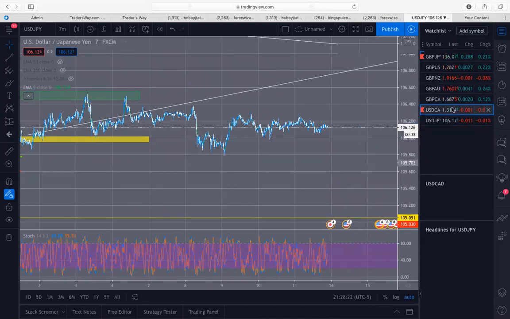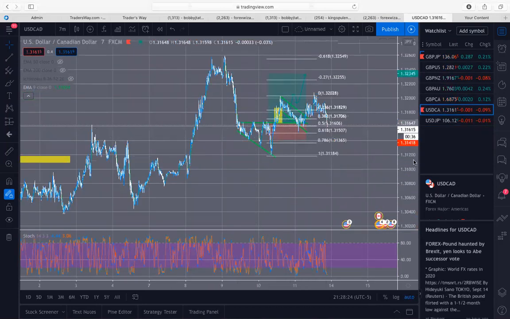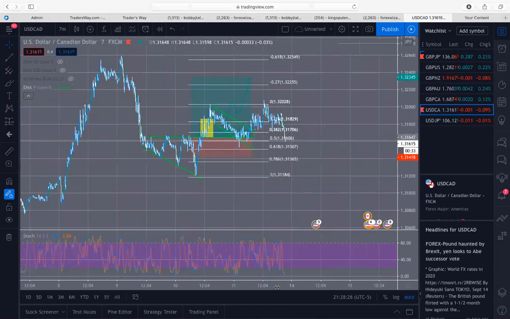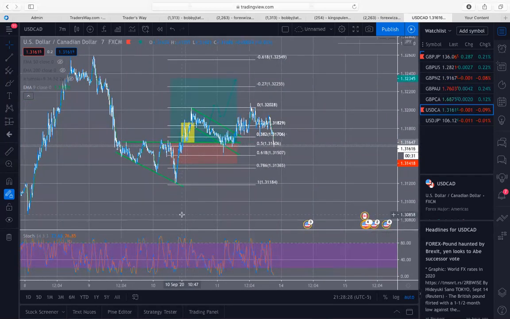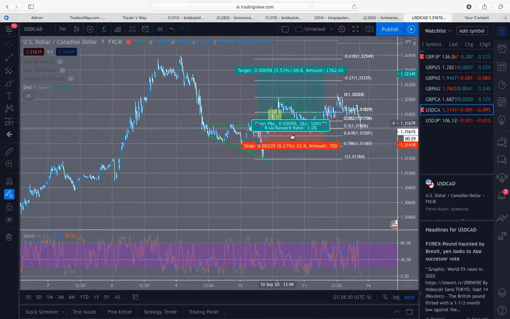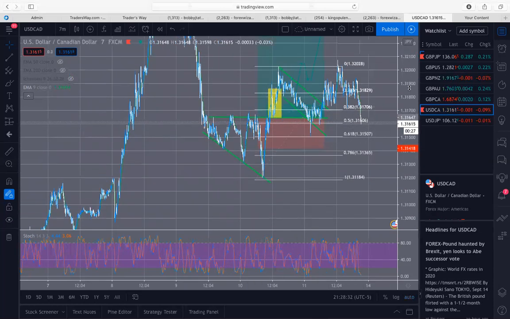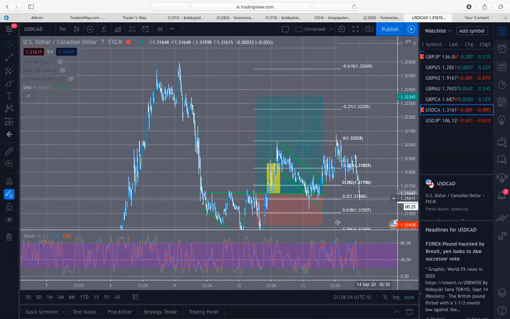Let's start with the USD CAD, and then we'll go back and find that trade. All right, so here's the USD Canadian dollar. This was the trade alert that I called out, I believe, on Thursday.